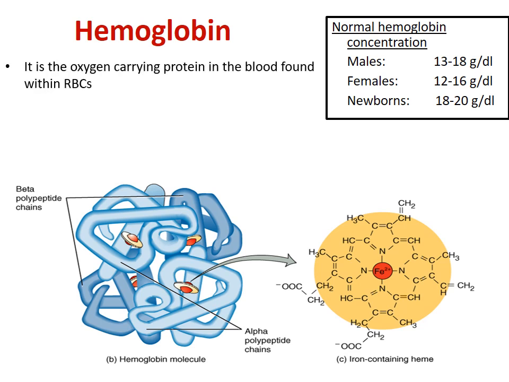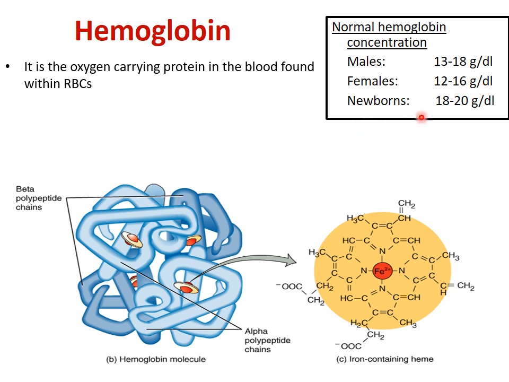The normal hemoglobin concentration in males, females and newborns: in males, the hemoglobin is about 13 to 18 gram per deciliter. Deciliter means per 100 ml. In females, it is 12 to 16 gram per deciliter, 12 to 16 gram per 100 ml.